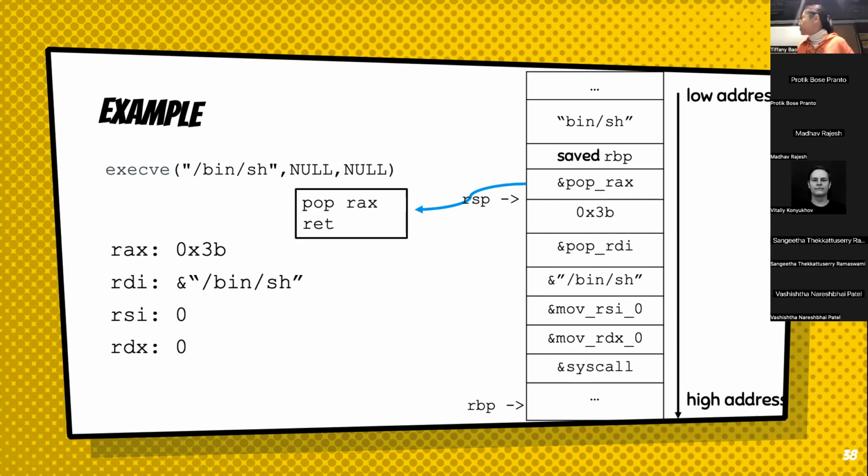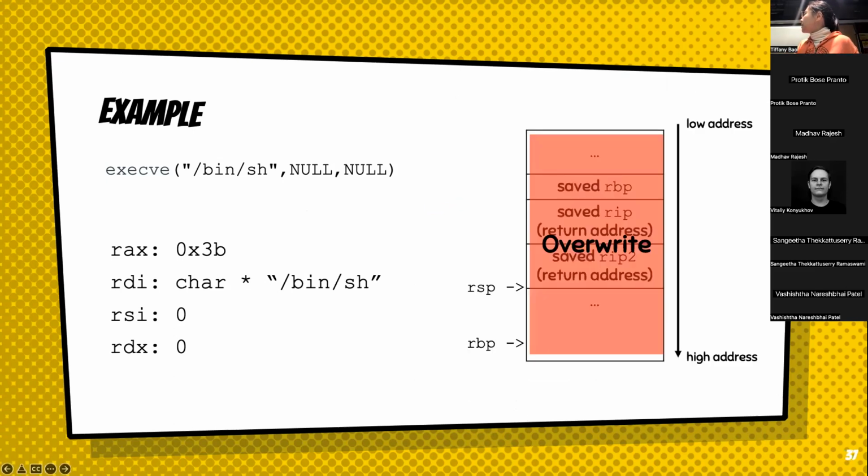Okay, cool. Let's start from here. Suppose that we have a buffer overflow, so we can overwrite the whole stuff. The goal for us is to make a system call, and this system call is execve.